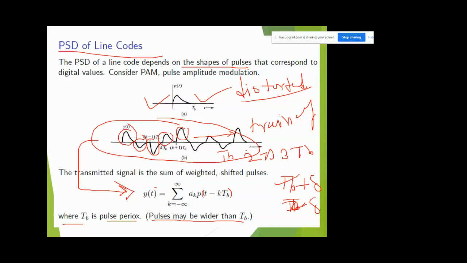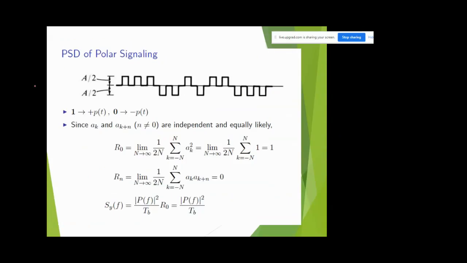Now let's understand with the help of one of the signaling patterns, or data formats. It is the PSD of polar signaling. Already we know polar means two polarities, positive and negative. So bit 1 we represent like this. It is an RZ signal. If it is bit 0, then we represent like this.